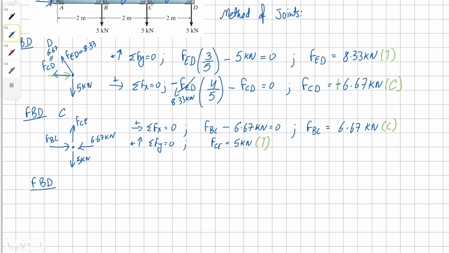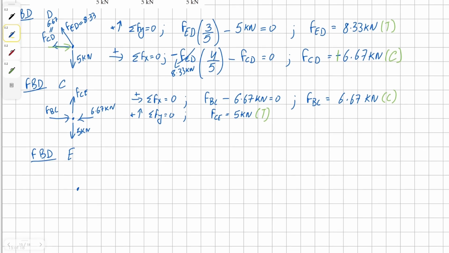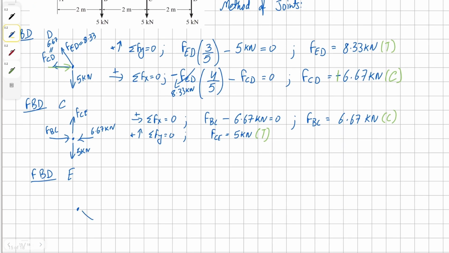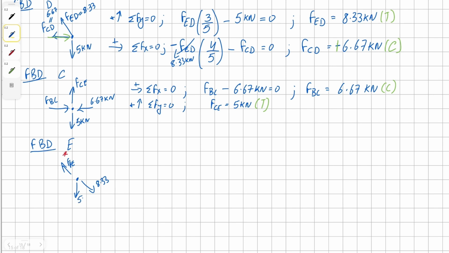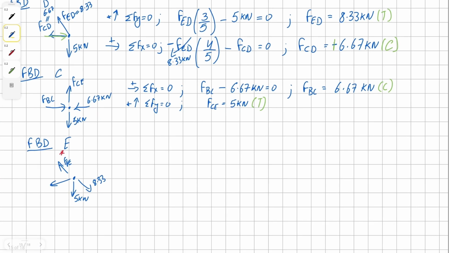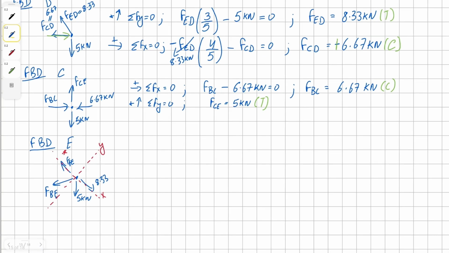Now we can start drawing our joint E. At joint E, we have force from CE is known, it's 5 kilonewton, and another unknown from member BE. We are going to tilt our x and y axis by 36.87 degrees in order to avoid simultaneous solutions.